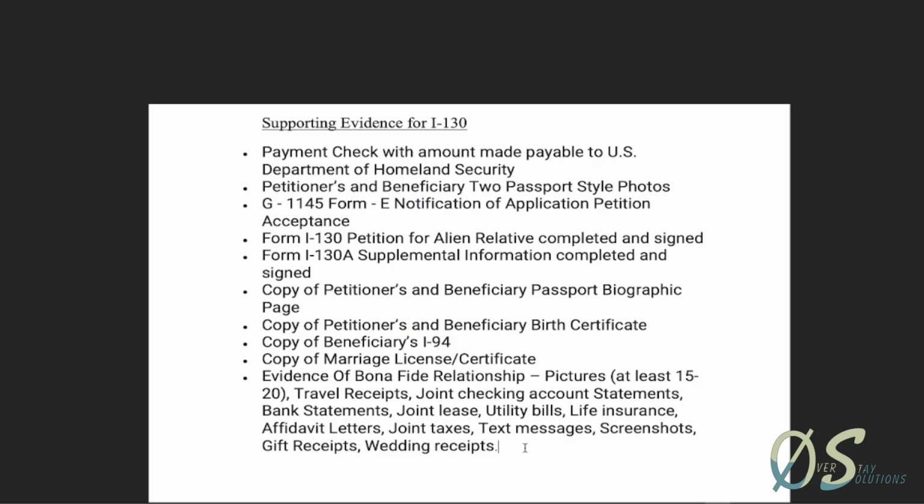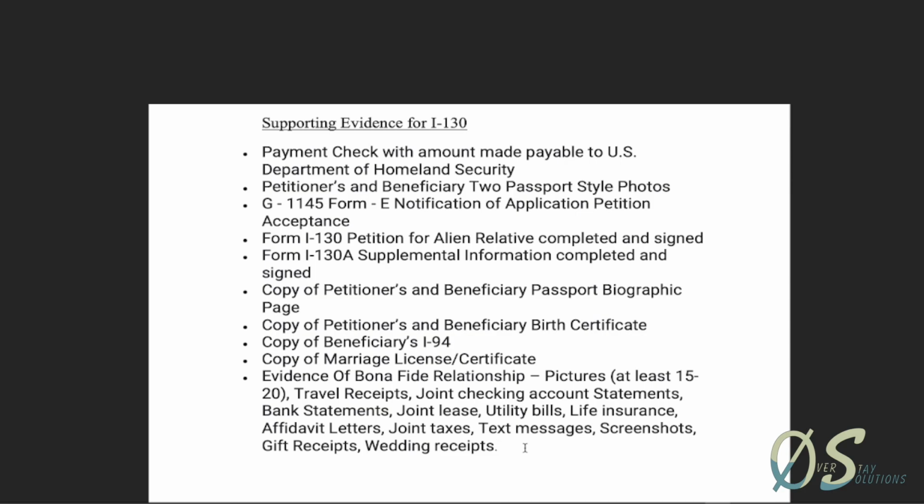Proof that you live together, which would be a lease agreement, or utility bills, or if you recently moved, you can use those receipts, as well as bank statements. You can let your bank statement come to your home address.